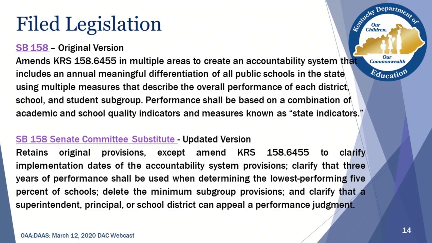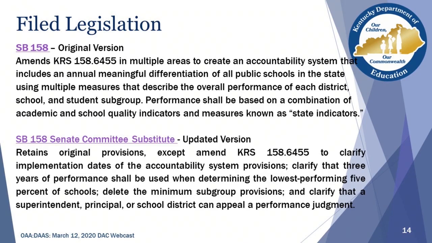The performance is based on a combination of academic and school quality indicators and measures known as state indicators. These indicators exclusively include student assessment results, progress toward achieving English proficiency by limited English proficiency students, the quality of school climate and safety survey, high school graduation rates, as well as post-secondary readiness.